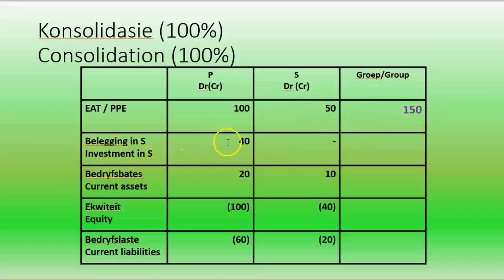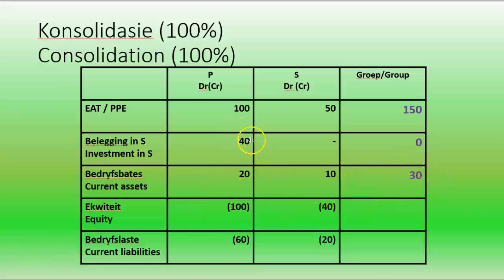Now, the investment in S is a common item, so I'm going to eliminate that 40,000. I cannot show that in the group, so that would be a 0 in the group. Current assets, I'm going to add together, so my current assets are going to be shown at 30.